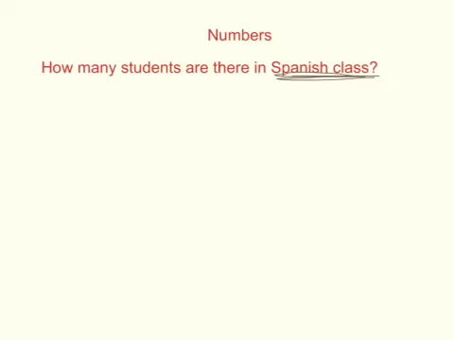Okay, so we're asking how many students are there in Spanish class. So we're asking about students. Students is estudiantes. And we're asking how many, so the word is either going to be cuántos or cuántas. Estudiantes is going to be masculine because there's probably at least one male student in the class.